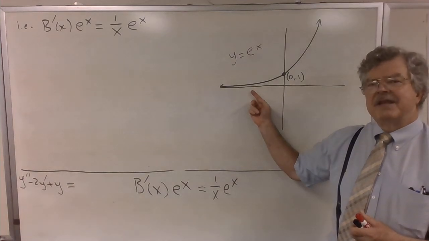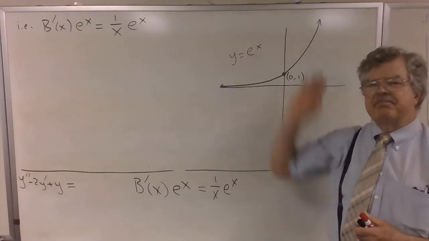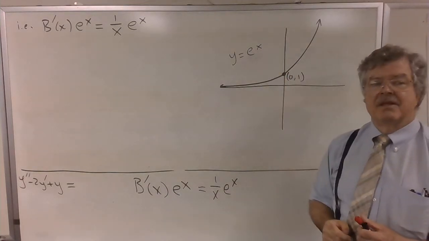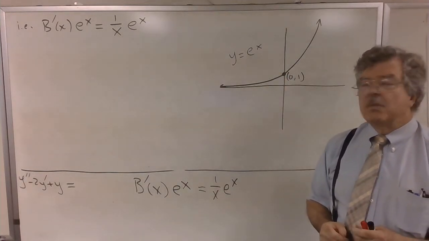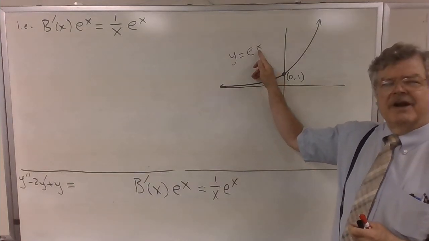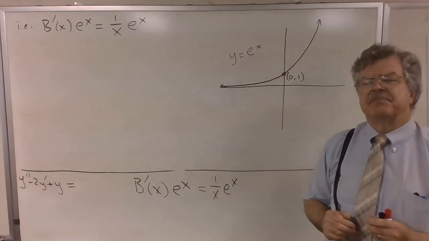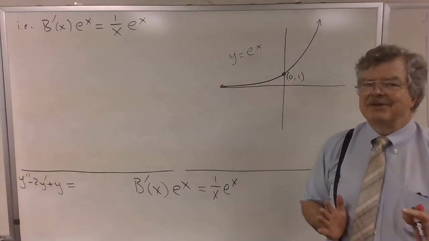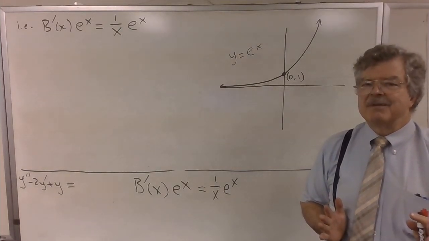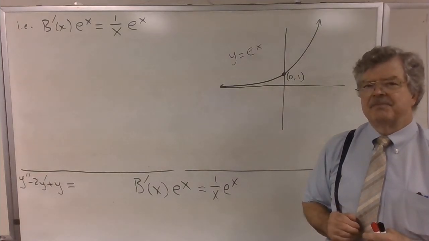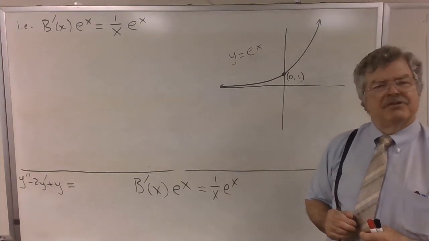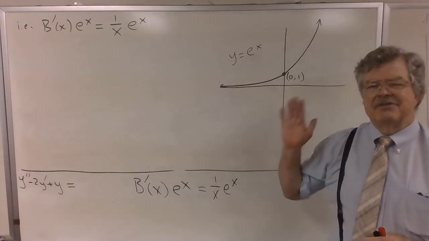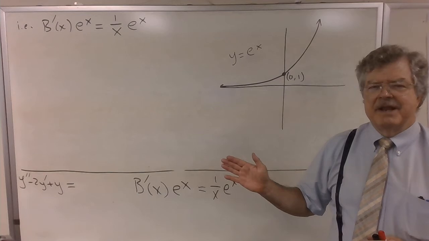So the graph of e to the x lies completely above the x-axis, which means e to the x is positive, always. We can plug a ham sandwich in here for x, and we're going to get something positive. My point, and I'm taking the long way around to make this point, is this: e to the x is never 0. No matter what we plug in for x, it's never going to be 0, it's never going to be negative.